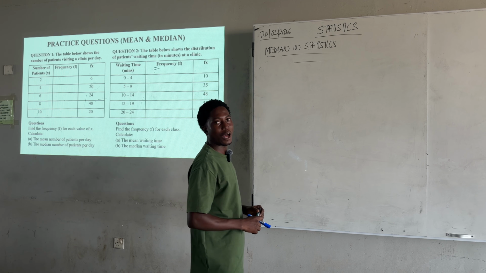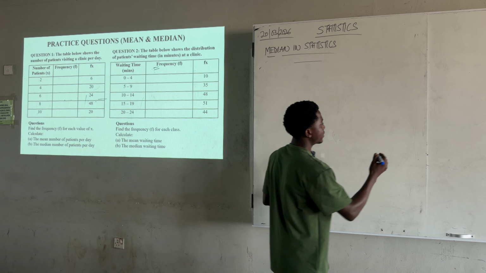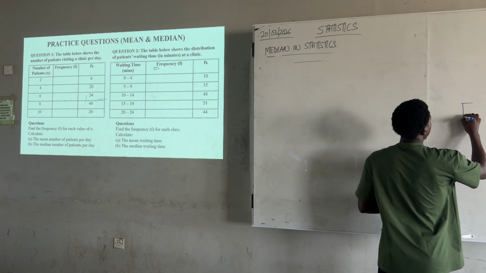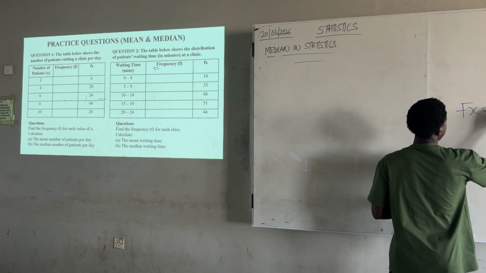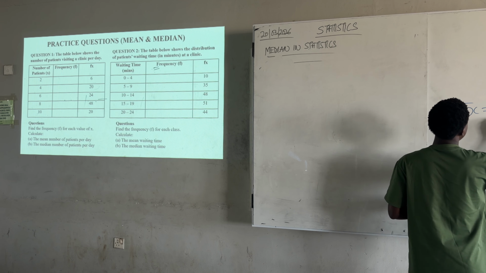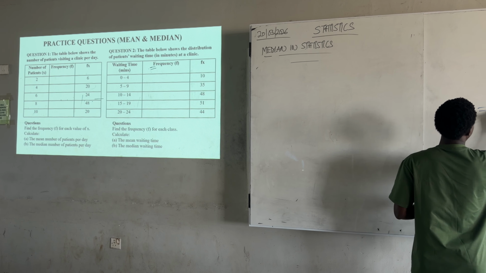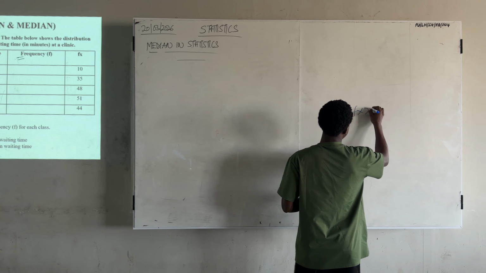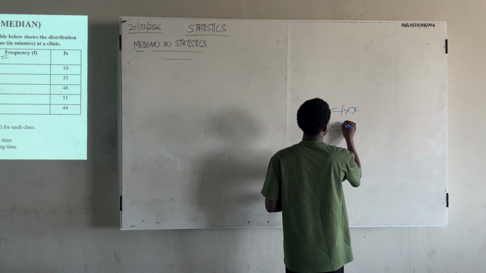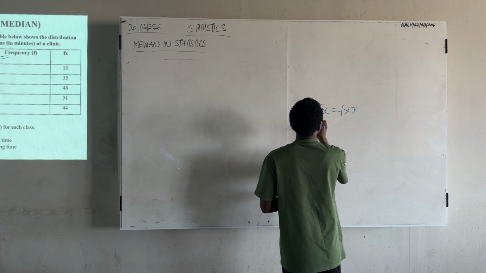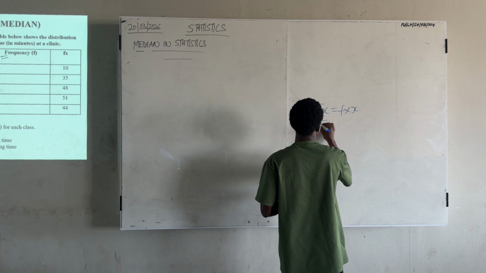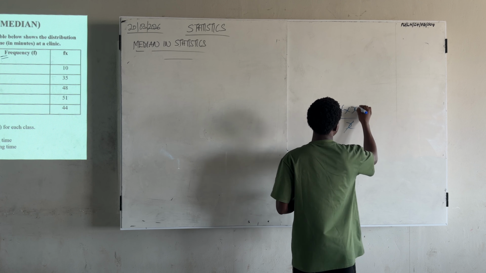So I have this formula over here: fx is equal to f times x. So you divide both sides by x, so x will cancel.